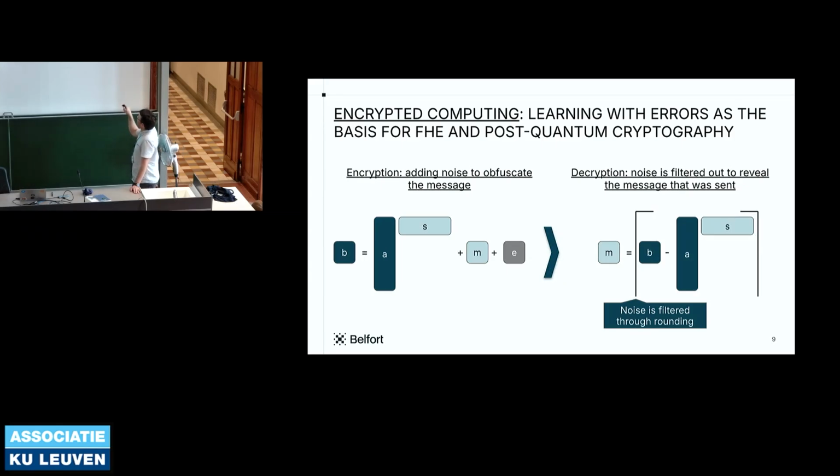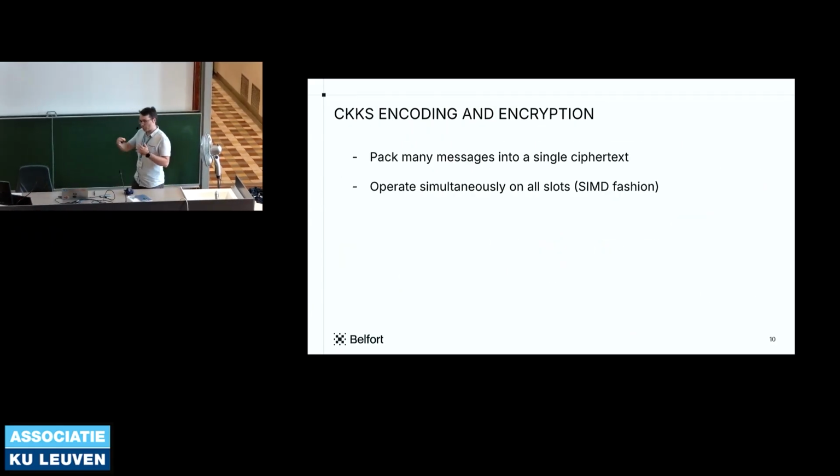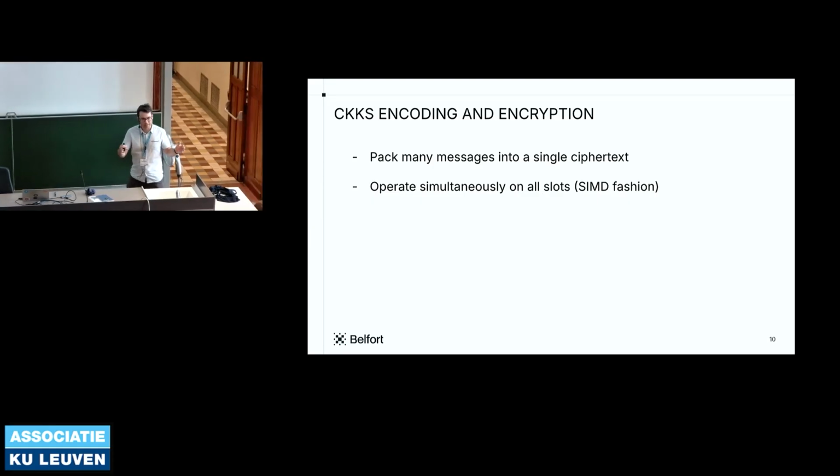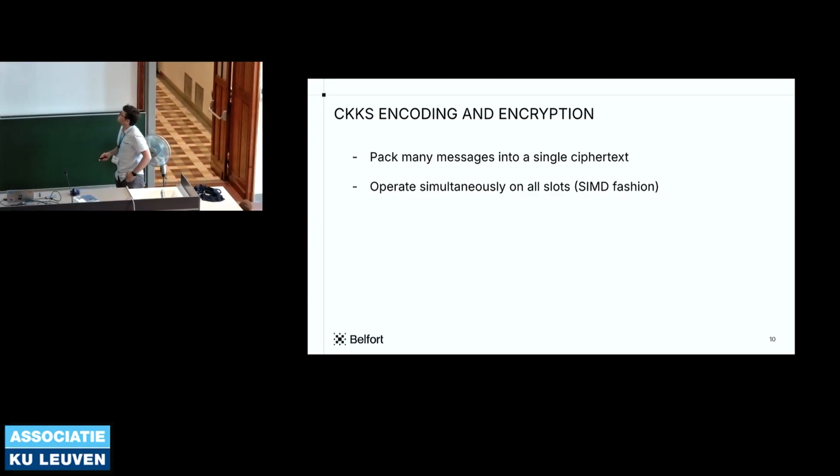So this is a general slide about learning with error. In CKKS, there's no rounding here, but it's going to become more clear what the operations are in a few seconds. Because what I want to do is walk you through the process: I have my data, how do I encrypt it for CKKS computation?